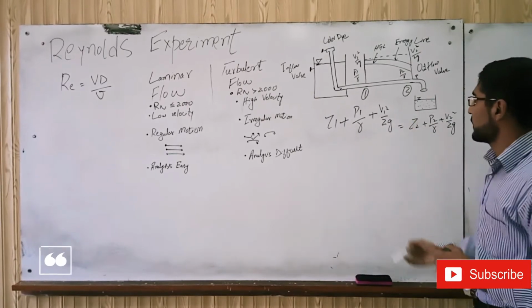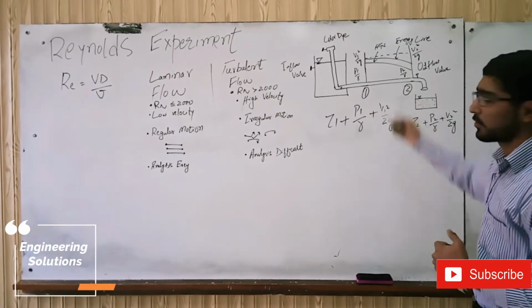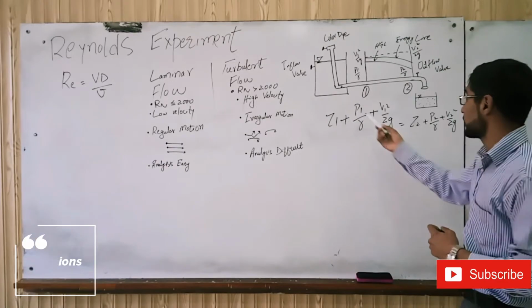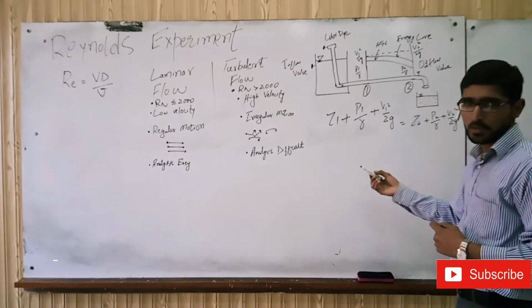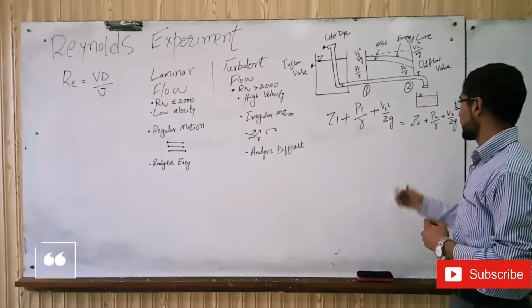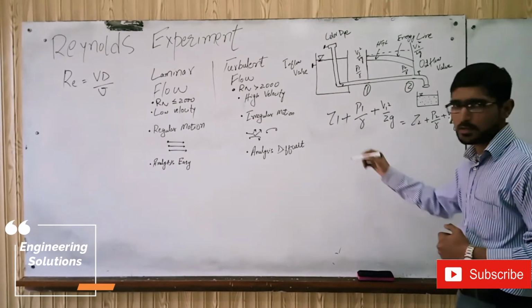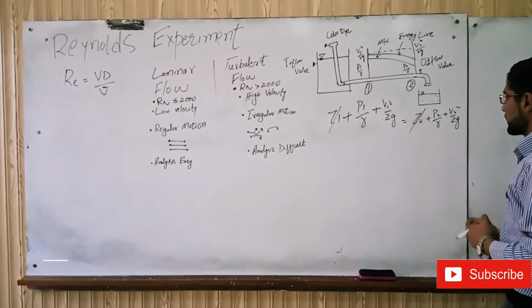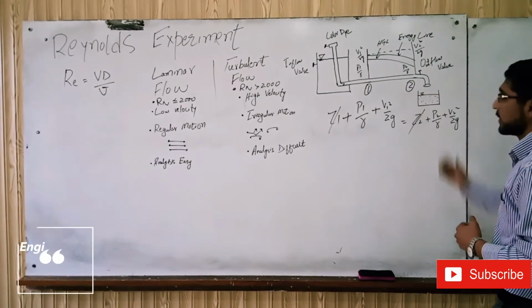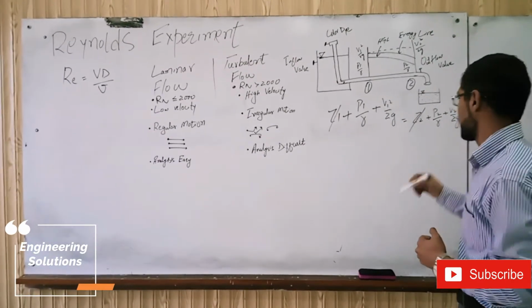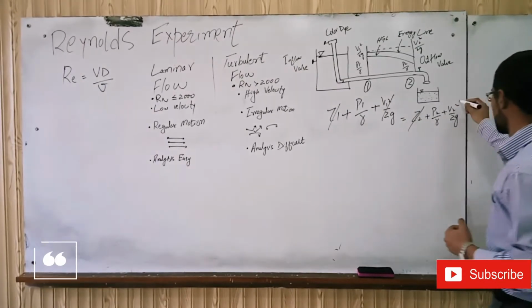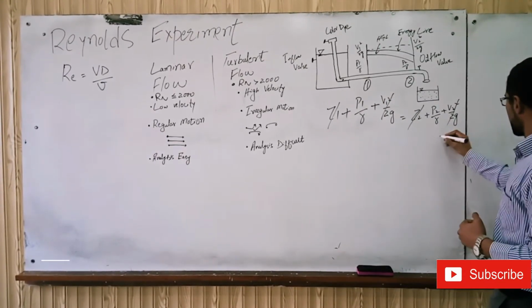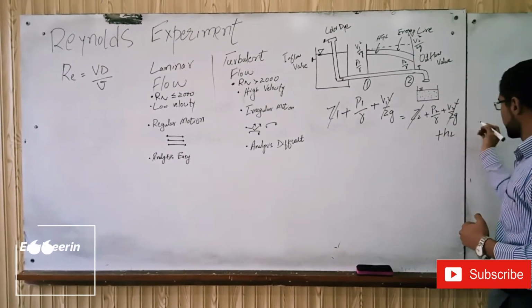In this experiment, the pipe is horizontal, so the elevation of the pipe will be the same everywhere. So we can cancel Z1 and Z2 with each other because they have the same elevation. Further, the velocity at point 1 and point 2 will also be the same. So these can also be cancelled, and there will be head loss also.